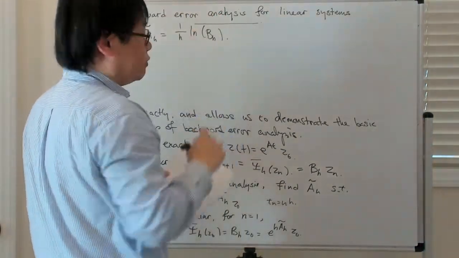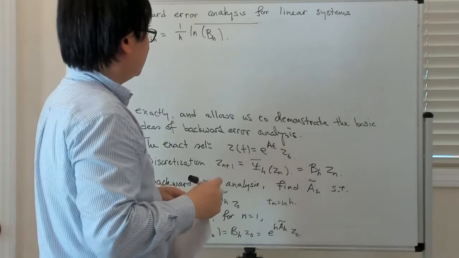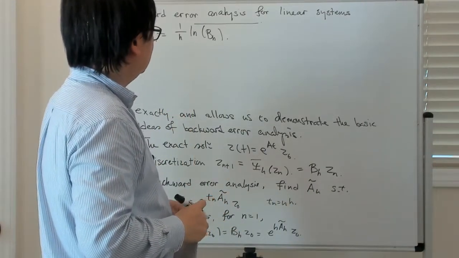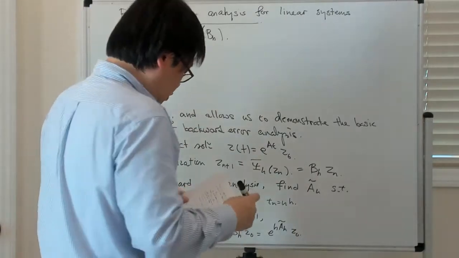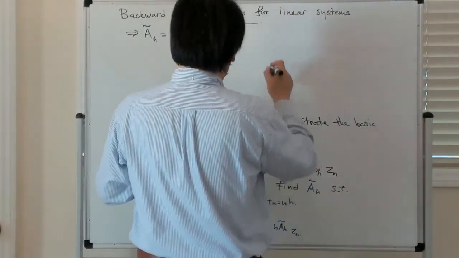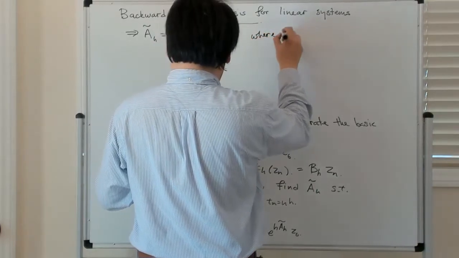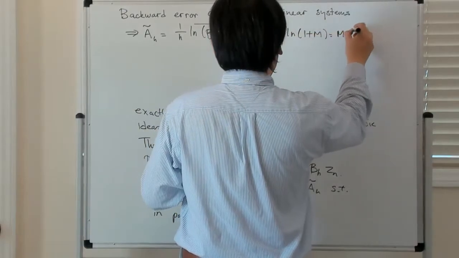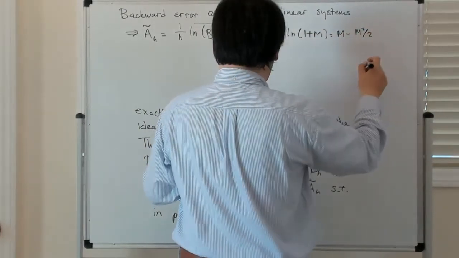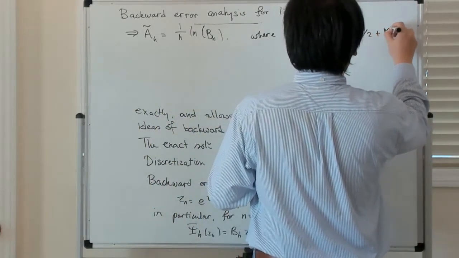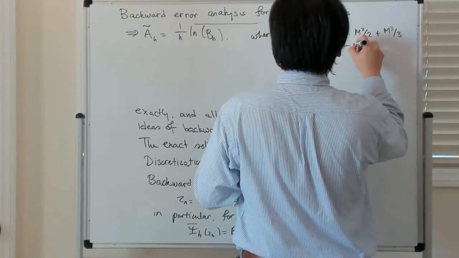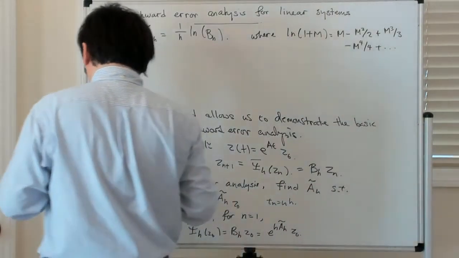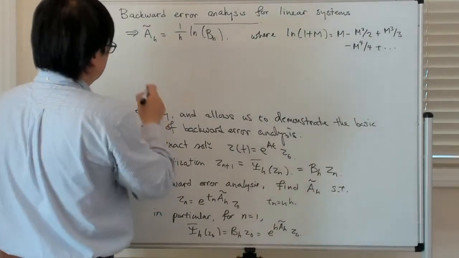Of course, the same way that you defined the matrix exponential in terms of the series expansion for the exponential, you do the same thing for the natural log of a matrix, where the natural log of 1 plus M equals M minus M squared over 2 plus M cubed over 3 minus M to the 4 over 4, and so on.